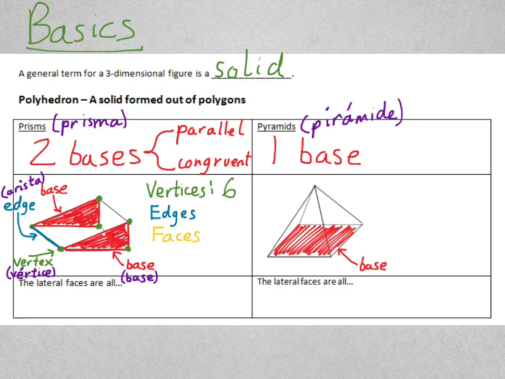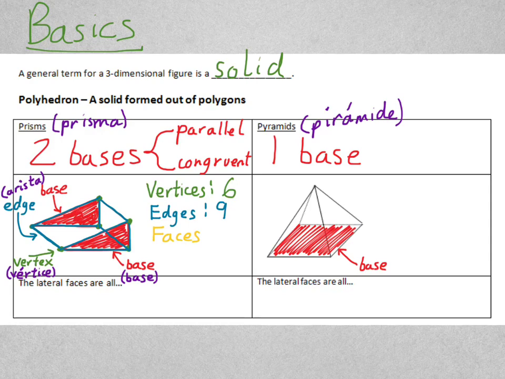But anyway, that's where two faces come together. How many edges do we have in this figure? We have 1, 2, 3, 4, 5, 6, 7, 8, and 9. There, we have 9 edges. You see how that worked?